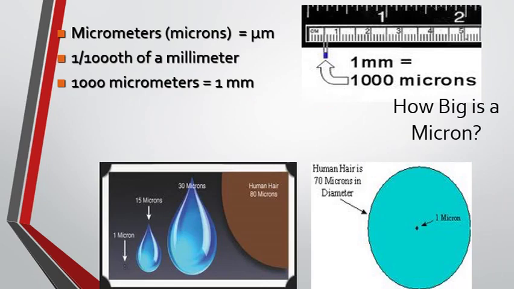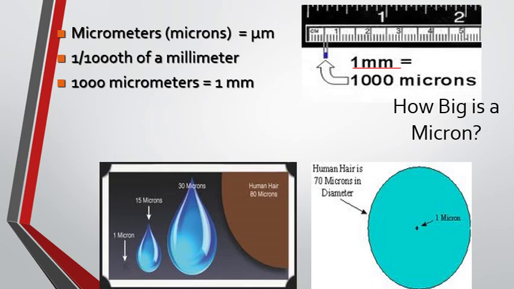So here we have a unit that is majorly used for measurement in microscopy, that is micrometer, or it is also called micron. Here we have a scale of 1 millimeter.